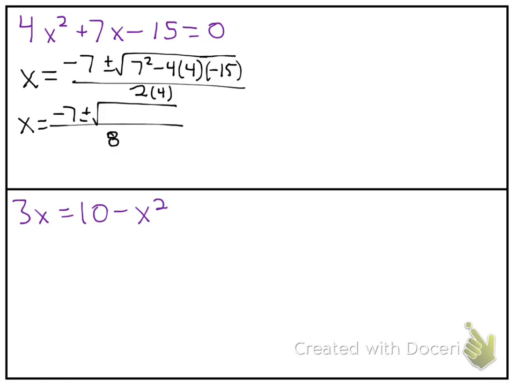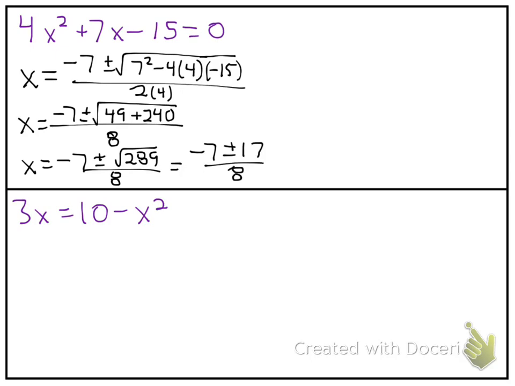Inside the radical, 7 squared is 49. 4, 4, and 15. Well, 4 and 15 is 60. Times 4 is 240. But I have 2 negatives there, so that's a positive 240. So it's cleaned up. Now I combine terms inside the radical, and that comes out to be 289. 289 is a perfect square. That is 17. So we have negative 7 plus or minus 17 over 8.